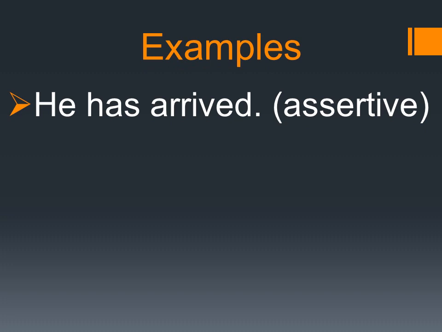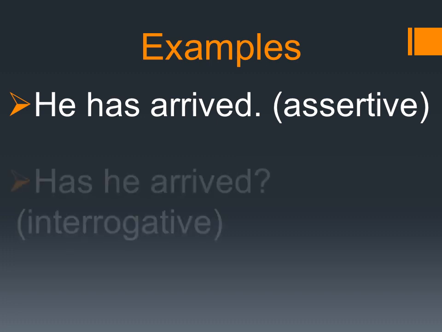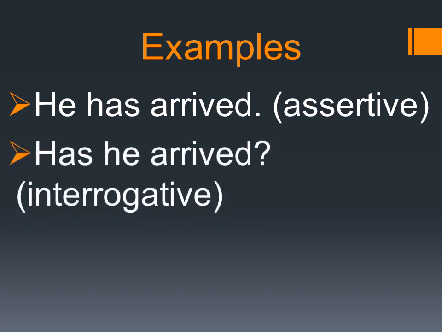Next example, he has arrived. Here you can see has is our auxiliary or helping verb, and he has arrived is our assertive sentence or simple sentence. If we talk about its interrogative sentence, we will do as we do every time.